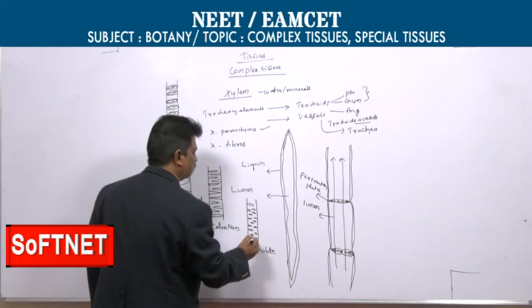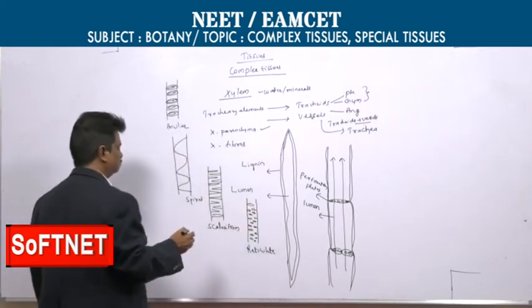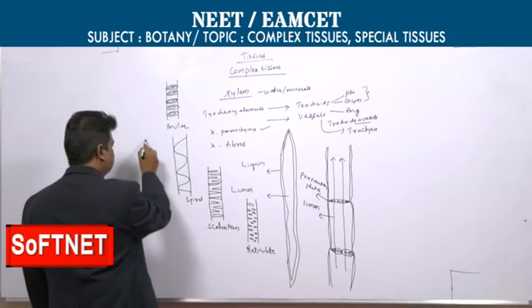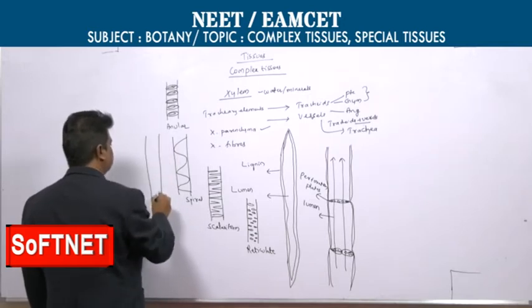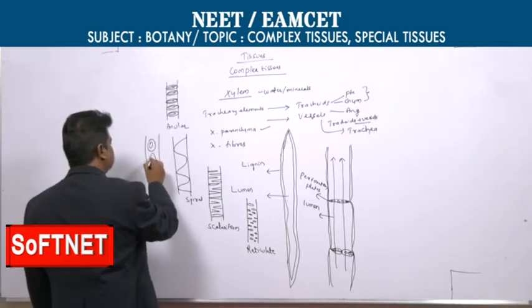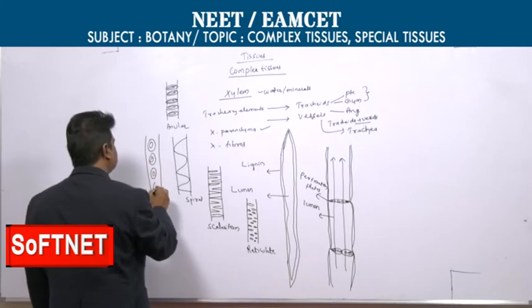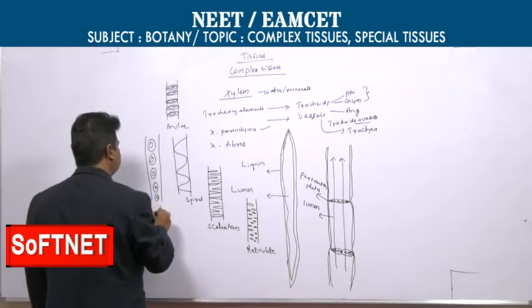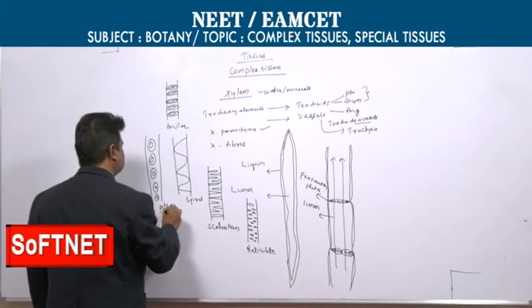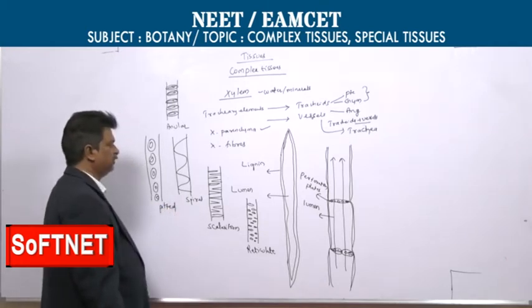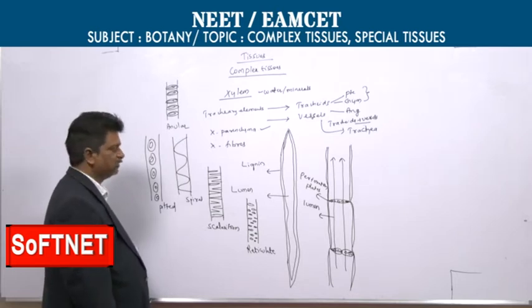Next one, the lignin deposition is in the form of pits. If lignin deposition is in the form of pits, it is called pitted type. These are the types of lignin deposition present in both tracheids and vessels.